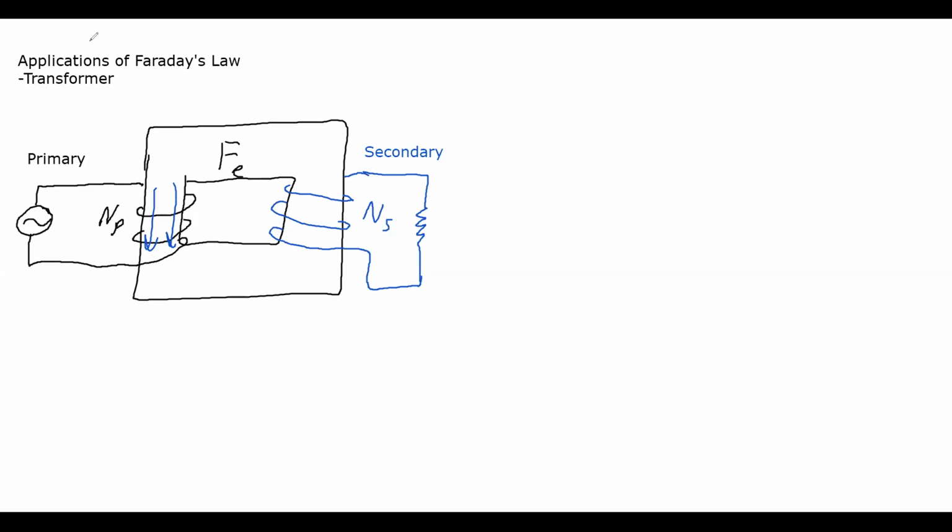And if I have flux going through those coils, Faraday's law tells me that we're going to have an EMF in the primary equal to the change in flux over change in time.